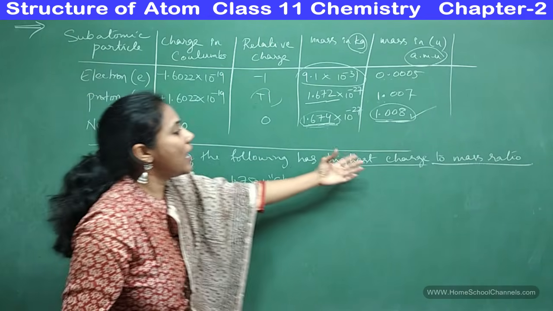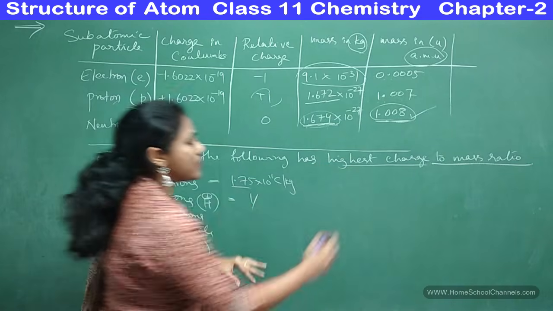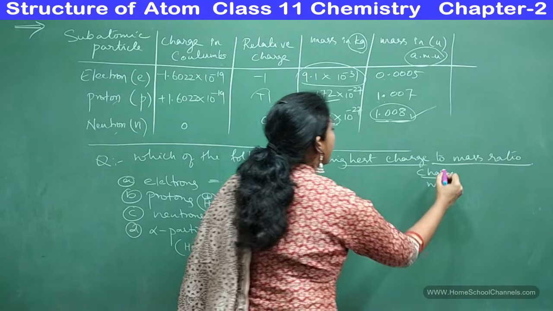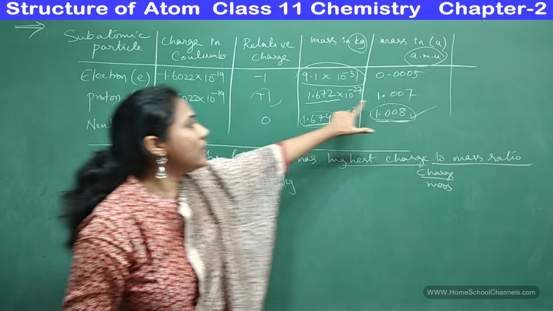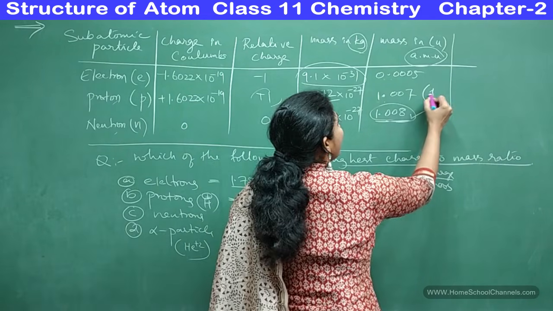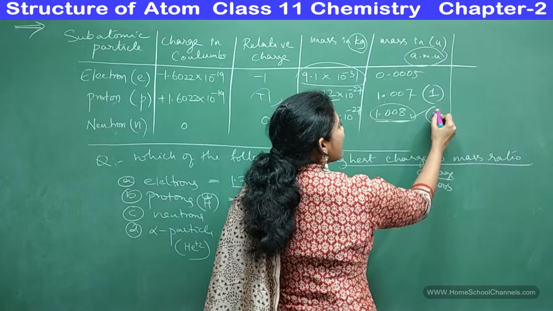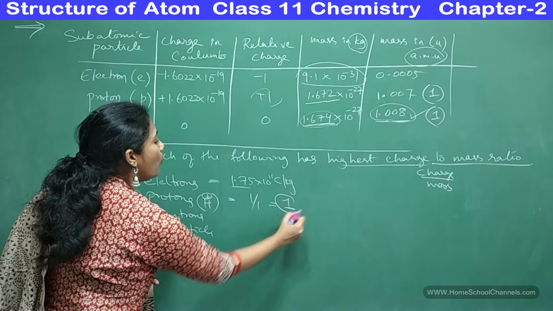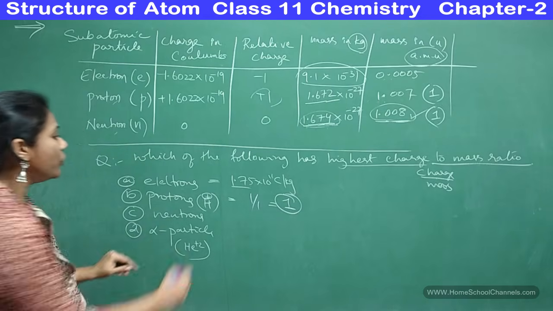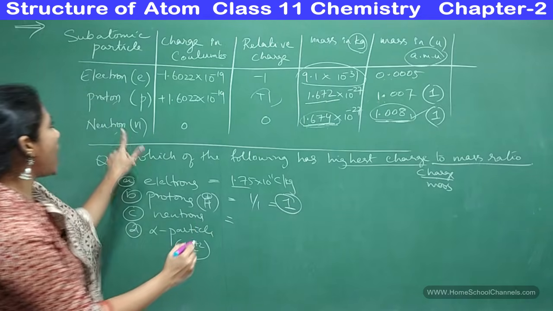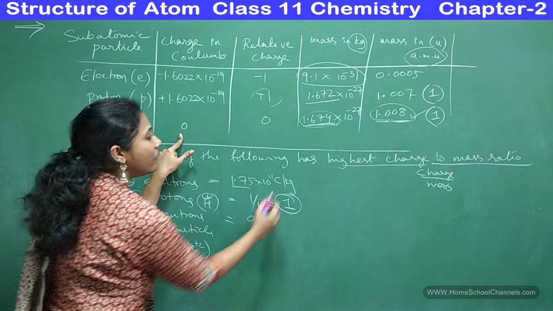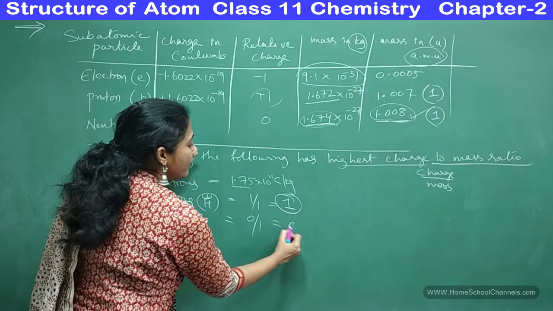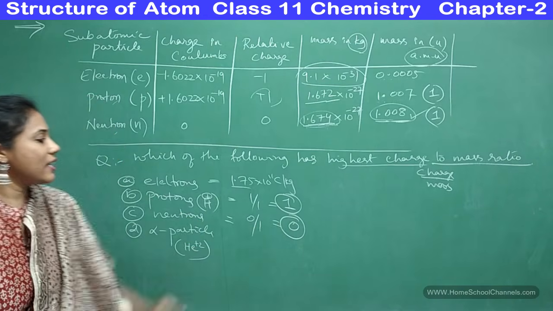And charge by mass ratio, so charge is 1 and mass, let me consider the approximate value as 1. So 1 by 1 you got a value 1. And neutrons, charge is 0. 0 divided by its mass, 1, so 0 divided by 1 will be 0. You will get the answer 0.